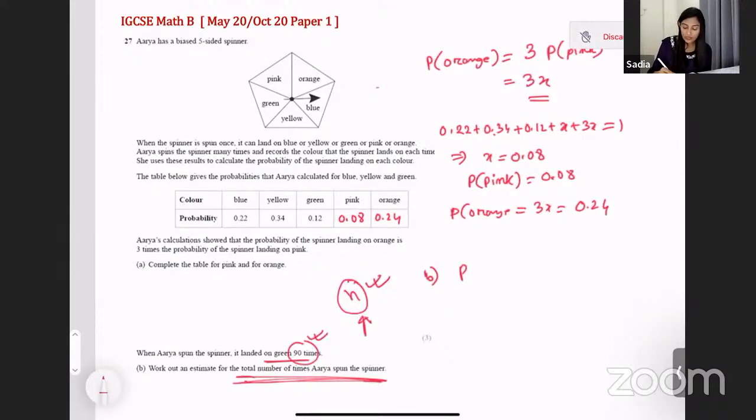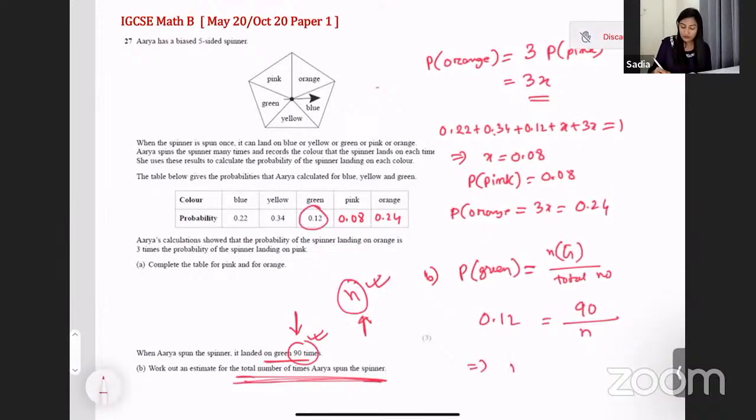So how can we find the probability of green? The probability of green is the number of times the spinner landed on green divided by the total number. The total number is unknown, so let's assume it to be n. The number of times it landed on green is 90 and the probability of green is 0.12.